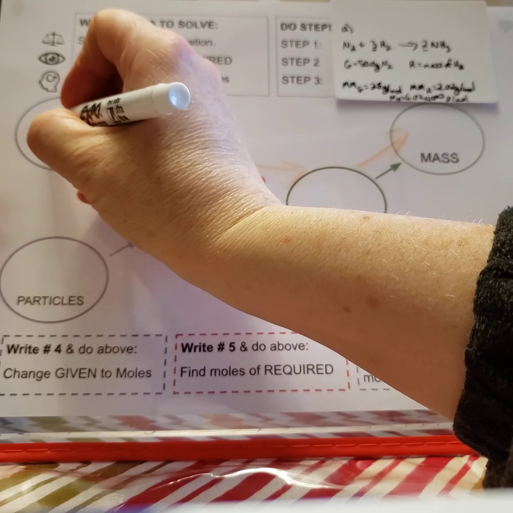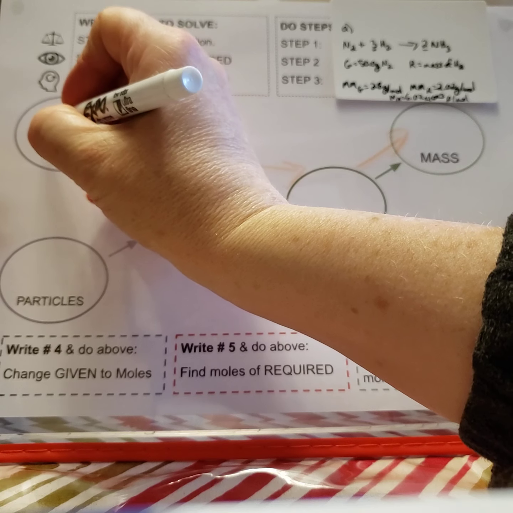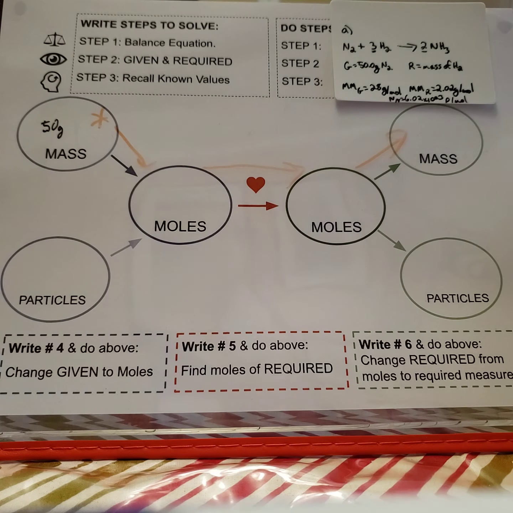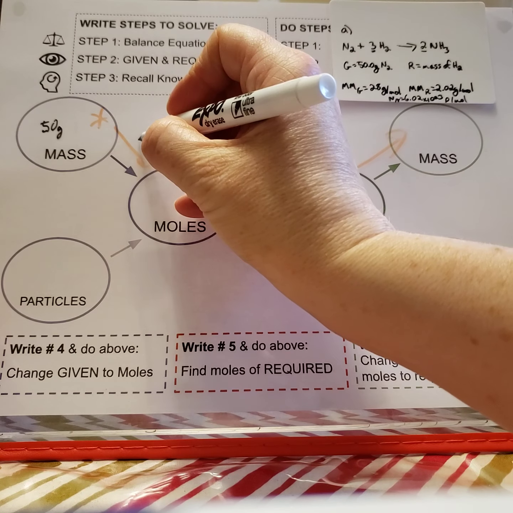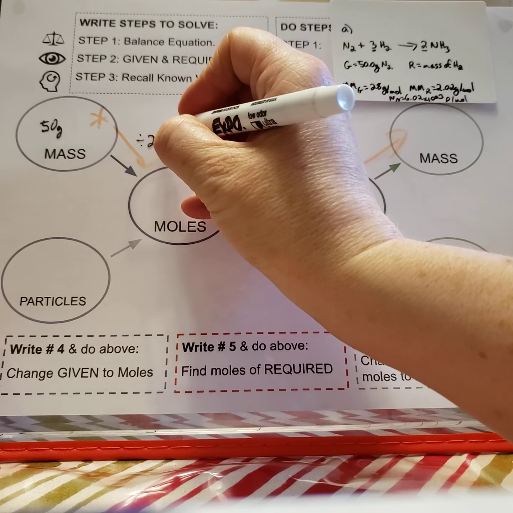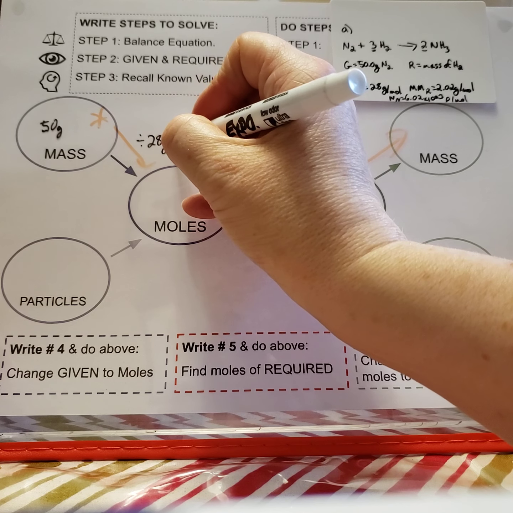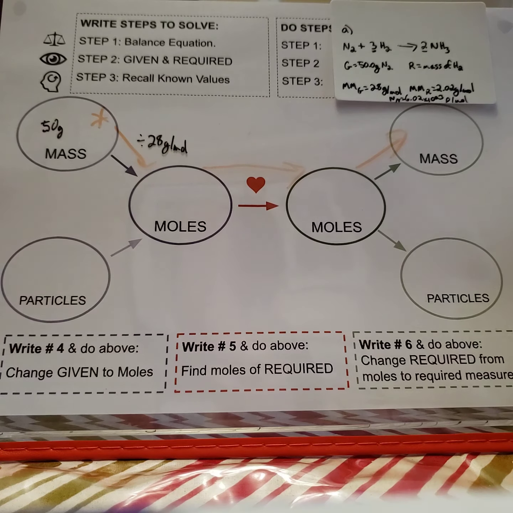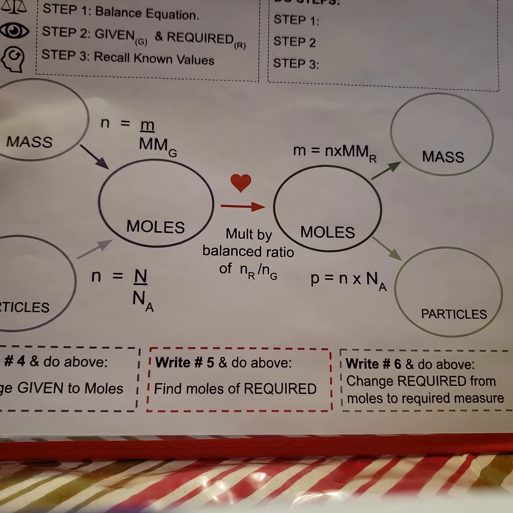So we've got our 50 grams of our nitrogen. We need to convert to the moles, so we're going to divide by the molar mass of 28 grams per mole. Okay, and if you have this printed off, that can remind you of all of your equations, right?